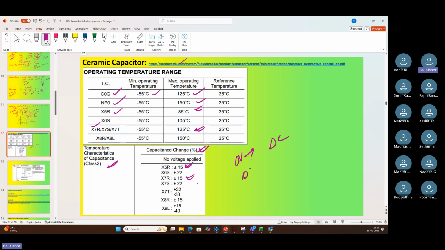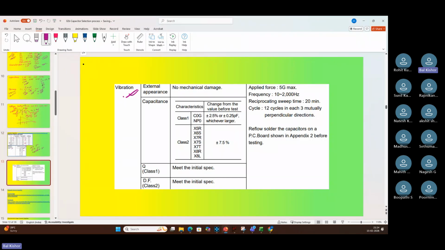Based on delta T, temperature, delta C will change, and based on vibration also there will be a change in capacitance. So all these are different parameters that you have to look into while selecting a critical capacitor. With vibration itself, you are seeing plus minus 2.5% change happening, and for these, plus minus 7.5%.